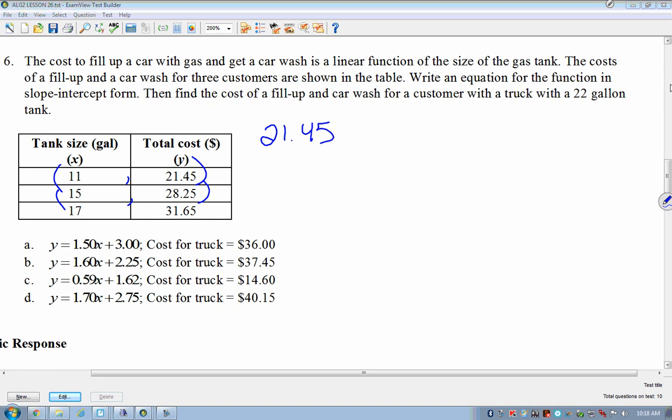Okay, 21.45, 11 minus 15. Okay, very good. Perfect. All right. What is 21.45 minus 28.25?